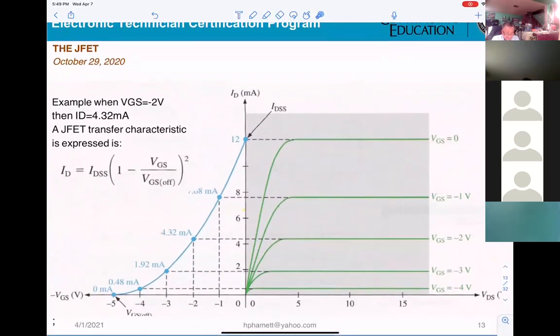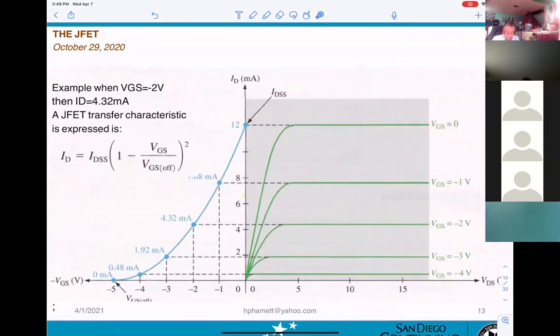Now, in a little more detail here, they display on this side what VGS equals. And this is the transfer curve. Basically, this is the curve for this equation: ID equals IDSS times (1 minus VGS over VGS off) squared.